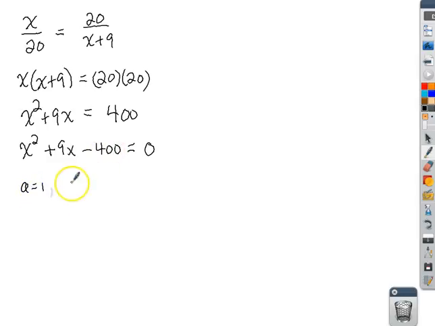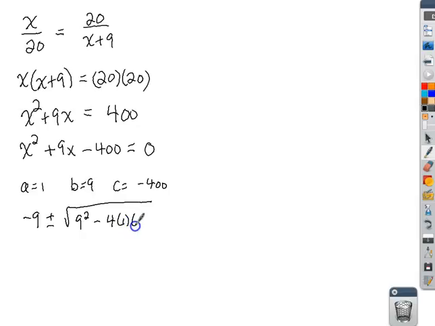A is equal to 1, B is equal to 9, C is equal to negative 400. So that's going to be negative b plus or minus the square root of b squared minus 4ac, all over 2a. Everybody okay with that?